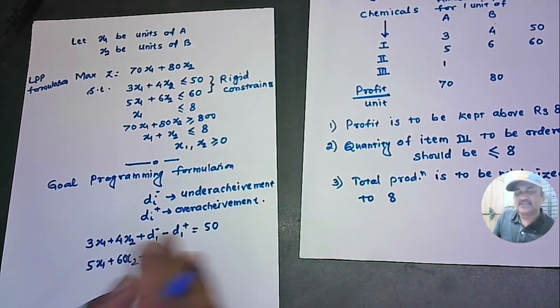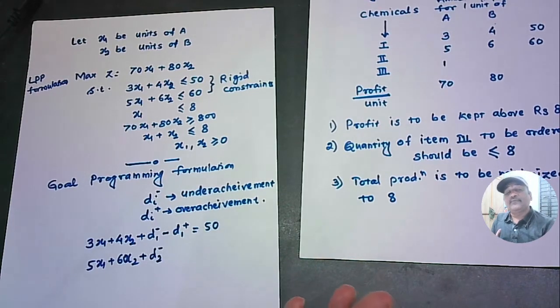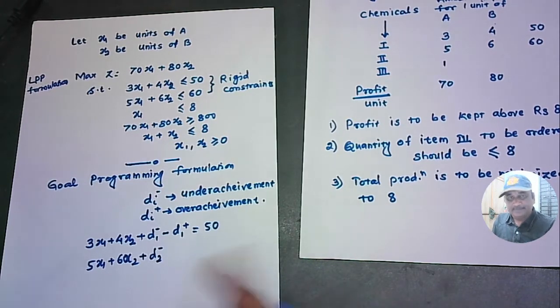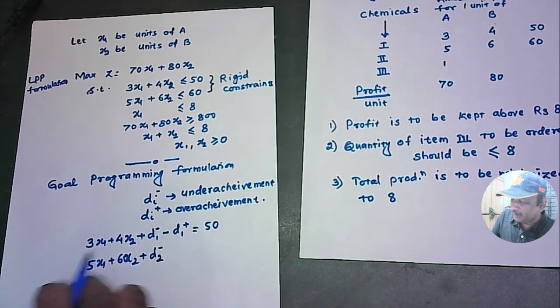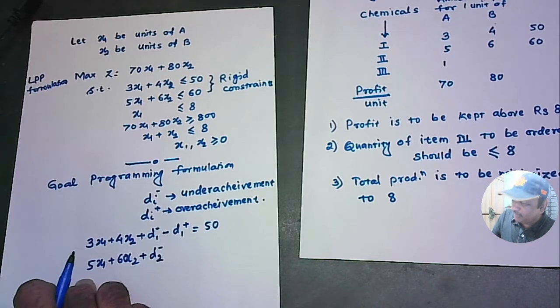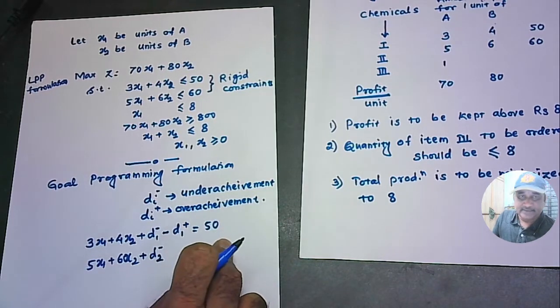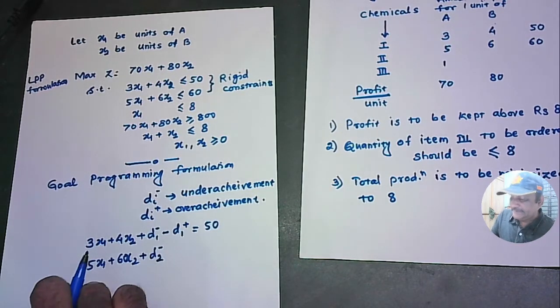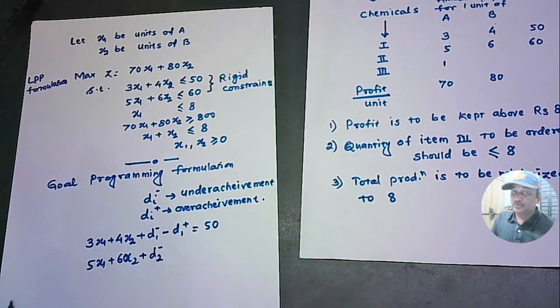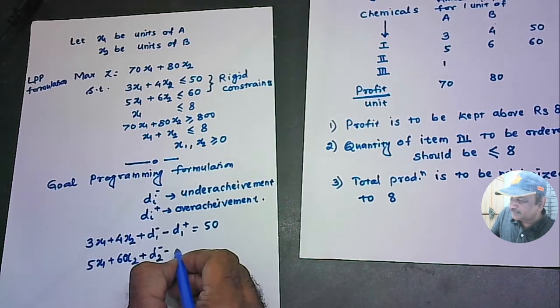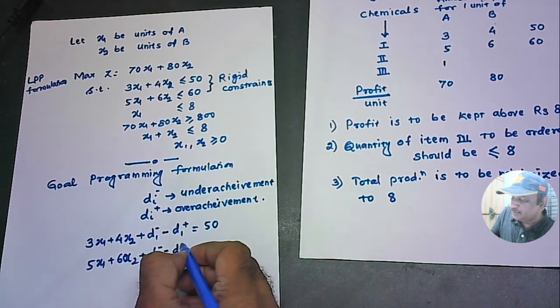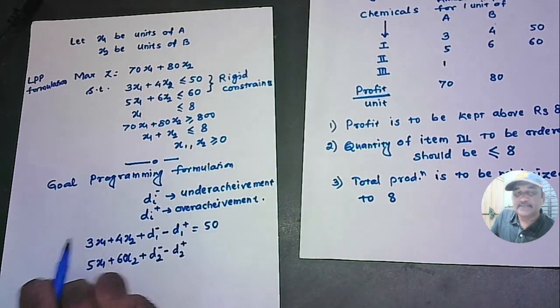d2 minus is again similar to the slack variable we had in the case of LPP. d2 minus is the underachievement value, by whatever amount the left hand side is smaller than the right hand side. But in case the left hand side happens to be greater than the right hand side, then something will be subtracted, called d2 plus, the overachievement of the left hand side.